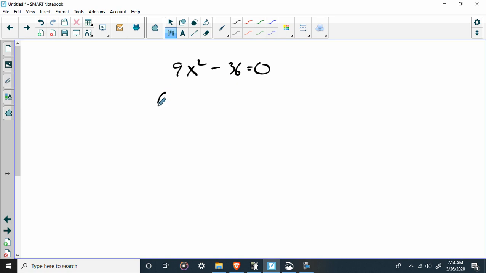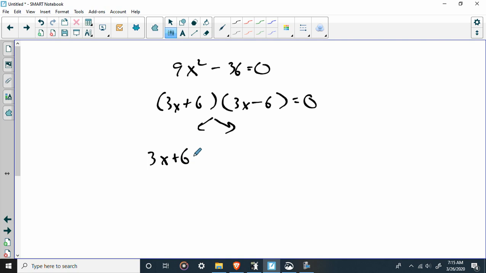So this would be 3x and 3x, correct? And what do we get? We get a positive 6 and a negative 6. So again, those things we were talking about yesterday, they still apply here, right? So we were talking about those special cases.